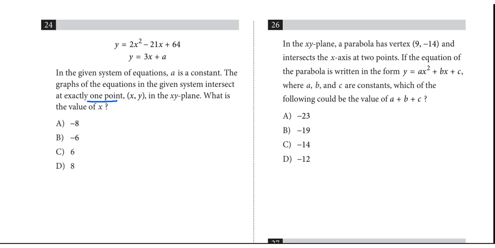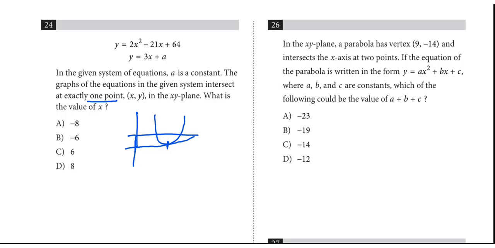So what it's trying to say here is that if we have the xy-plane to be something like this, and we have this to be the equation of the parabola, it says it intersects at one point. So this will be the point here, which means we are going to find the minimum point of the equation.